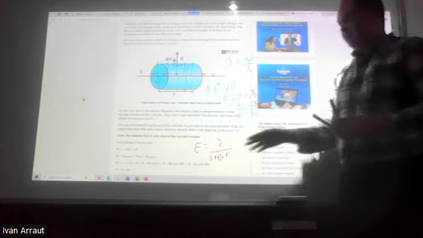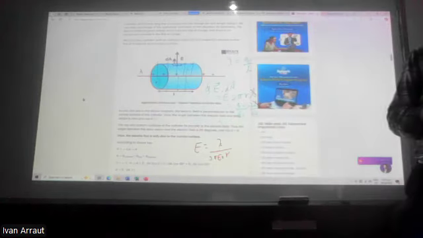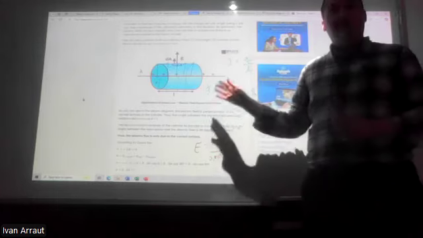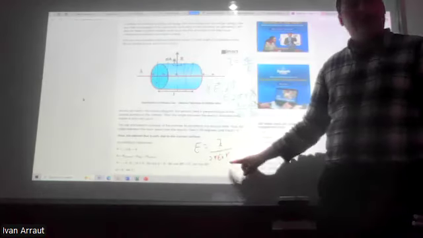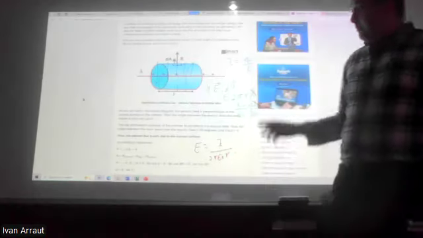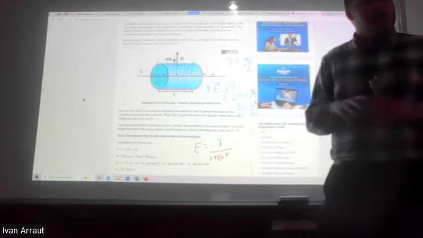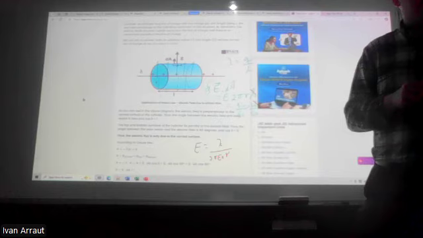So what's the difference between this case and the previous case? The geometry of the problem changes. This is a cylindrical geometry. The other was a spherical geometry, and look at the dependence of the electric field changes also. So it means this field decays with 1 over r. Well, the case which has spherical symmetry changes like what? 1 over r squared.